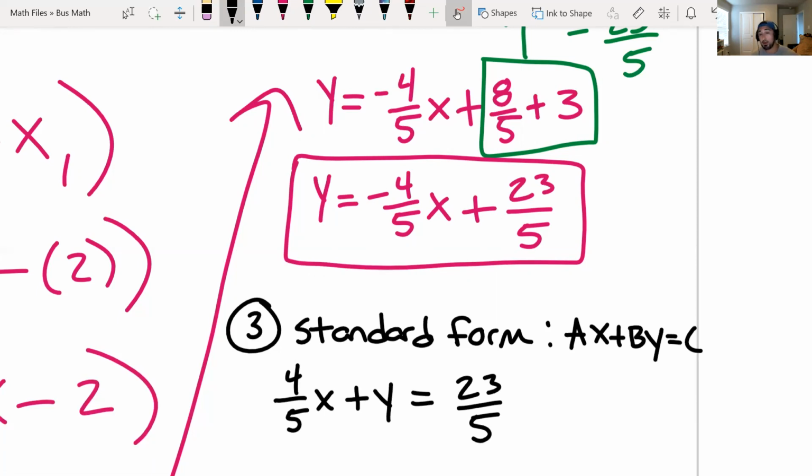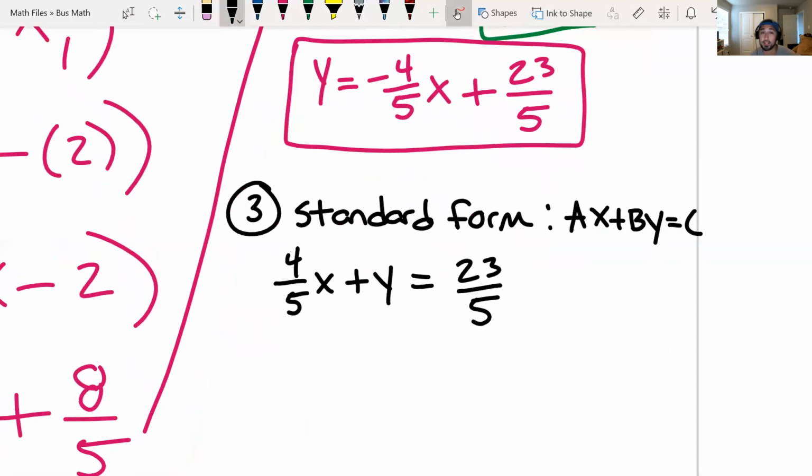Okay, but now in order to put it in standard form, we don't want any fractions. So what we're going to do now is get rid of our fractions. And we've gotten rid of our fractions before by multiplying by a common denominator. This denominator is 5, that denominator is 5. This means our common denominator is 5. We're going to multiply both sides by 5.